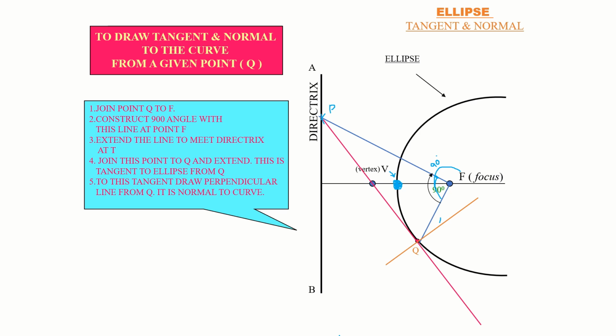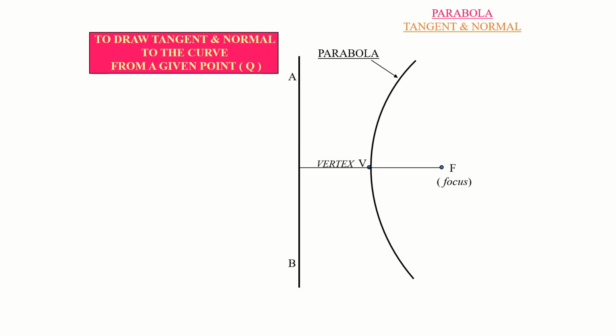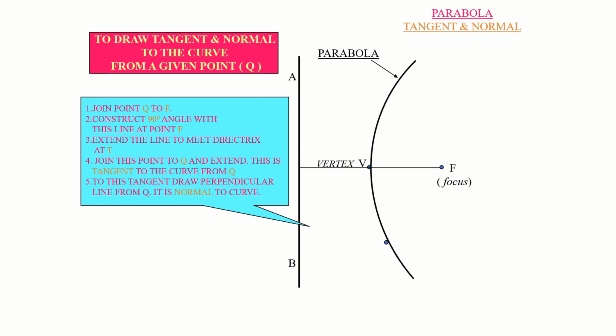Similarly, we are going to draw the tangent and normal for the parabola. You can take any point on the curve. A point Q is taken here.